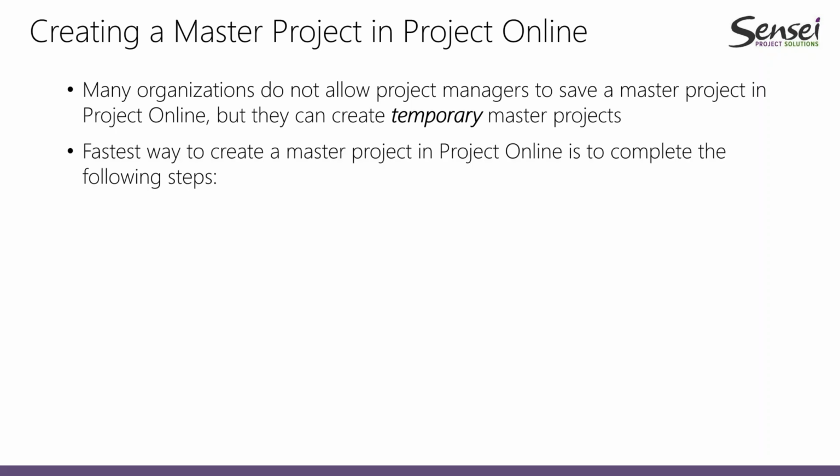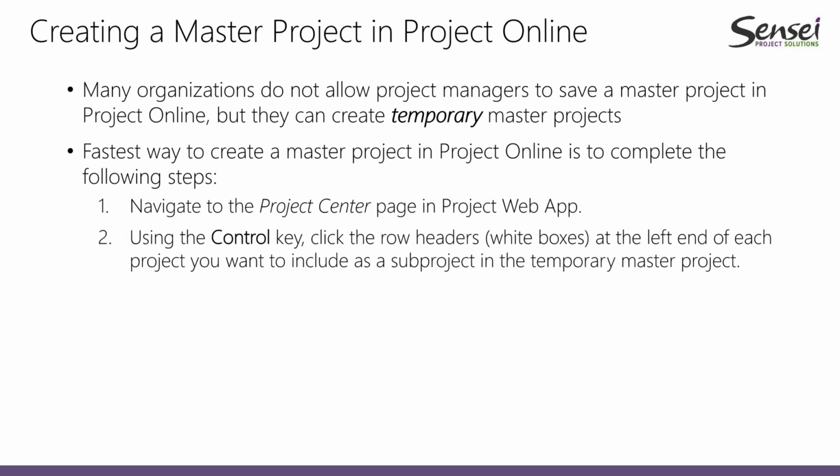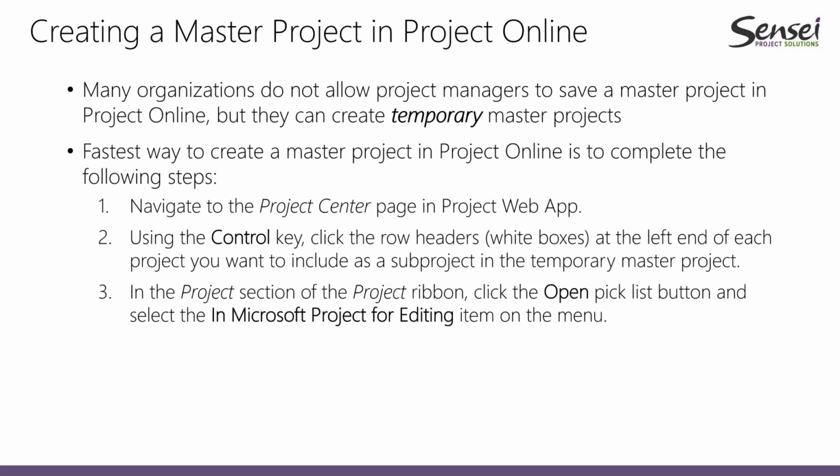Now, the fastest way to create a master project in Project Online is to complete the following steps. You go to the Project Center page in Project Web App. Using the Control key, you will select the row headers at the left end of each project that you want to include as a sub-project of the temporary master project.